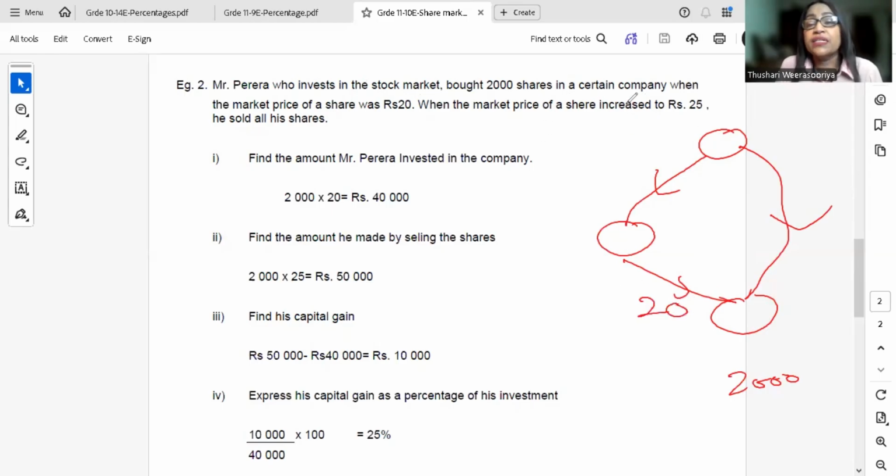When the market price of the share increased up to 25, then he sold all his shares.